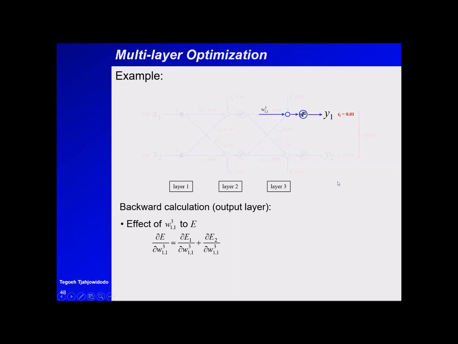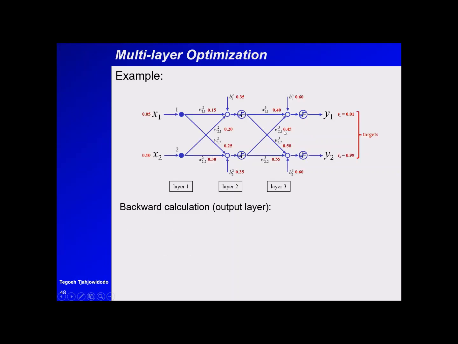So definitely it agrees with what we discussed before. The total output error will be equal to the error of the first output plus the error of the second output. But if you look at this network, let's go back here. If you look at this network, W113 is not contributing to the second output, right?